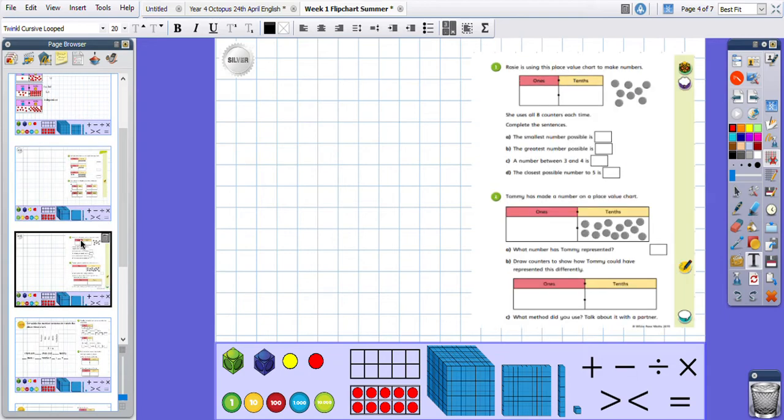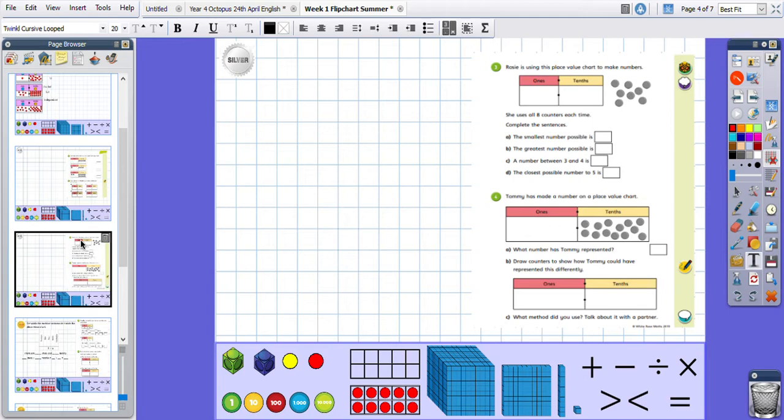Question 3, you are thinking about if you have 8 counters and you can put them in your ones column or your tenths column, you need to think about the smallest number you could make, the greatest or biggest number you could make, a number that is bigger than 3 but smaller than 4, and the closest possible number to 5 using only 8 counters. So there are 4 answers I would like from you there.